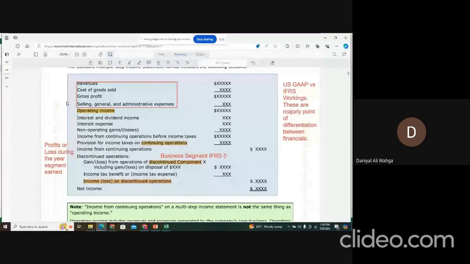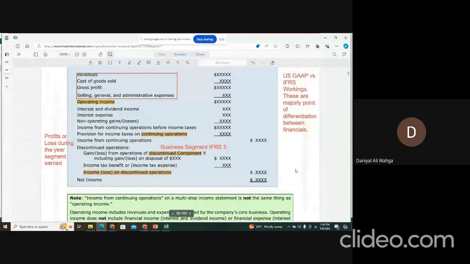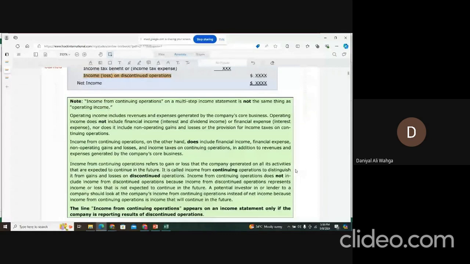That means income from continuing operations. By the way, this is a multi-step income statement which includes all of your subtotals. Further, it explains what operating income is. My operating income includes revenues and expenses generated by the company's core business. I already explained to you. It explains operating income does not include financial income.